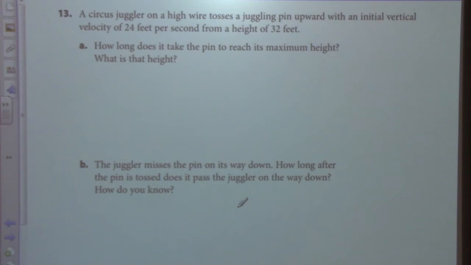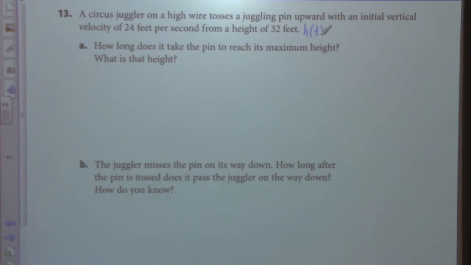I'm going to pick people randomly, but I want to show you the first thing. What is the standard form equation?